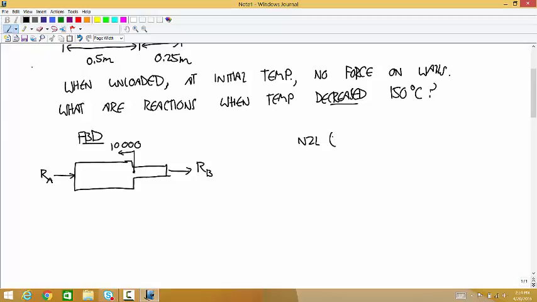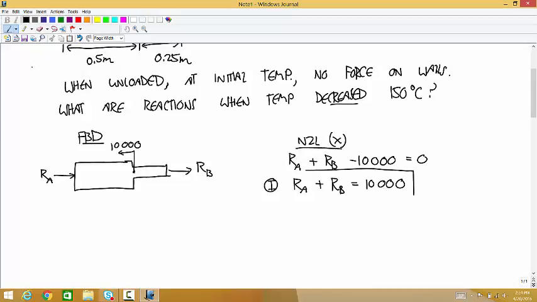And the x component of Newton's second law says RA plus RB minus 10,000 is equal to 0. So our first useful equation, and the only useful equation we get from the statics, is RA plus RB is equal to 10,000. That's one equation for two unknowns, so we need another equation.